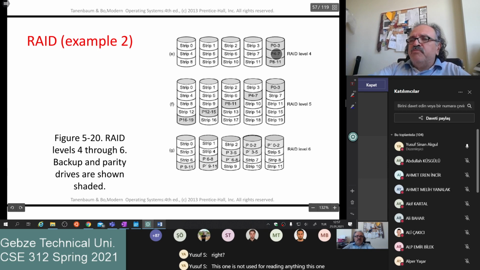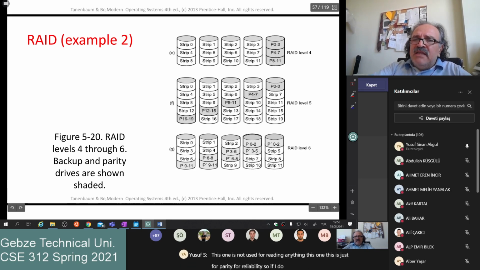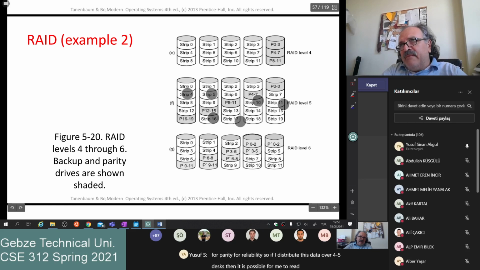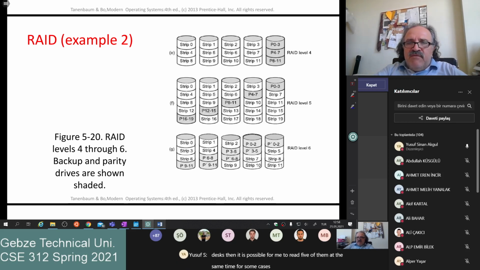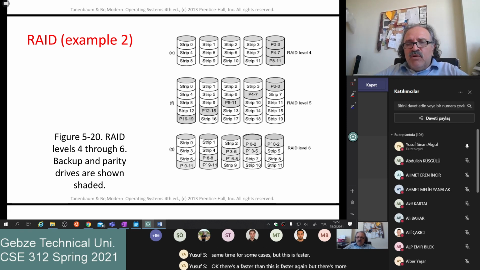This is just for parity, for reliability. So if I distribute this data over five disks, then it is possible for me to read 5 of them at the same time for some cases. So this is faster, and this is faster again, but is more reliable because there are more parity bits.